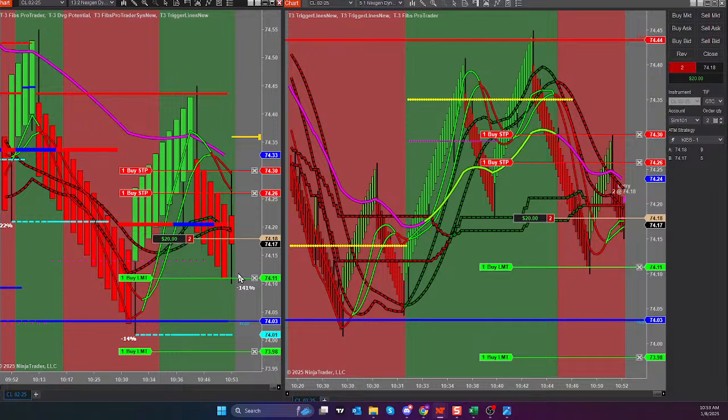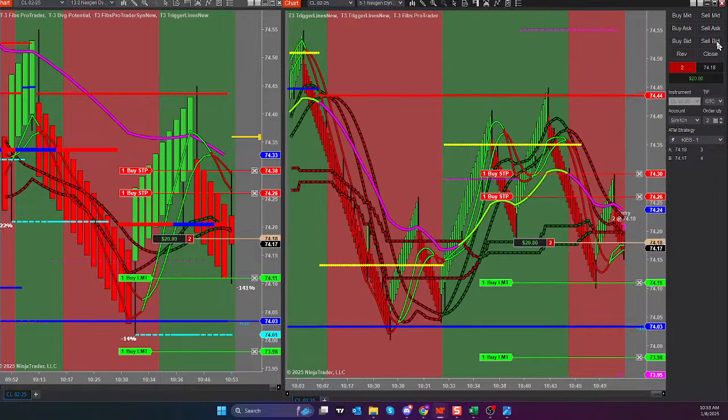All you're doing is saying, I think it's going to go down, so I will sell to enter and buy to exit. The same way in stocks, you would buy to enter and you would have to sell it to exit. Futures gives you the ability to make money both directions.